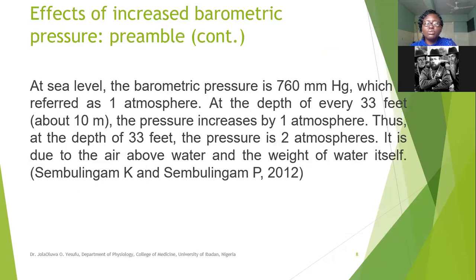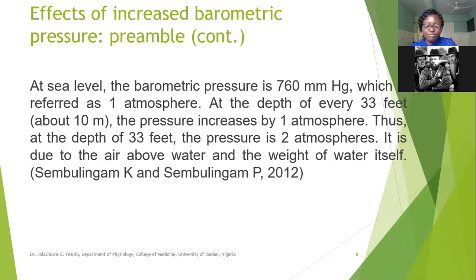Still going on, you remember in the last lecture we talked about sea level and high altitude. Sea level just means where you are, okay? You don't need to go to the beach before you say, okay, is that sea level? Sea level is where you are. High altitude is up in the mountains, in the sky, at different feet, which we explained in the last lecture.